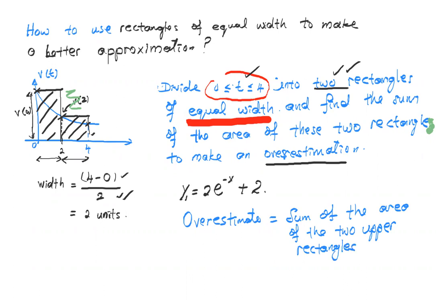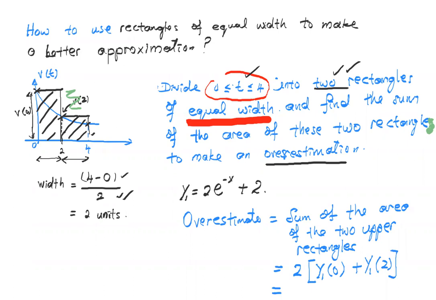Okay, so since all the rectangles have the same width, can I write the width outside and multiply by the height? The first height is y10, am I right? The second height is y12, am I right? Okay, just key into the calculator and give me the answer.